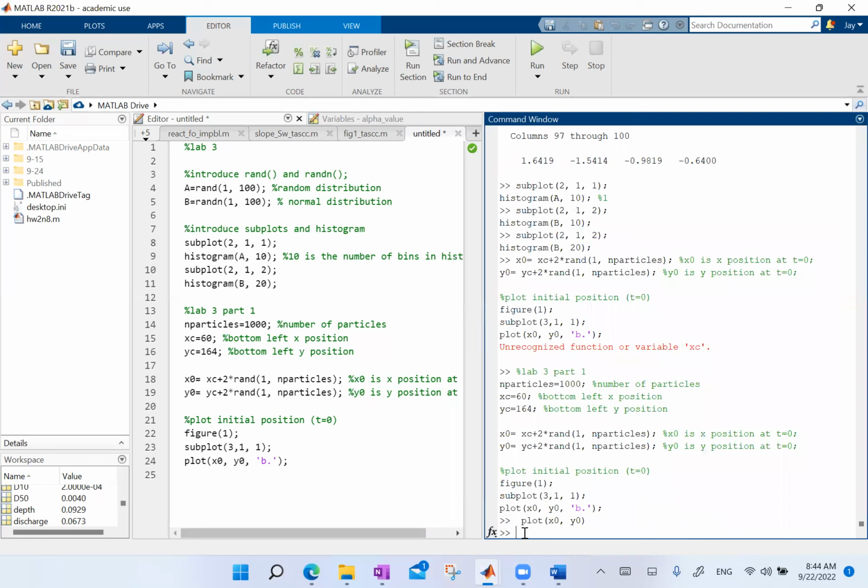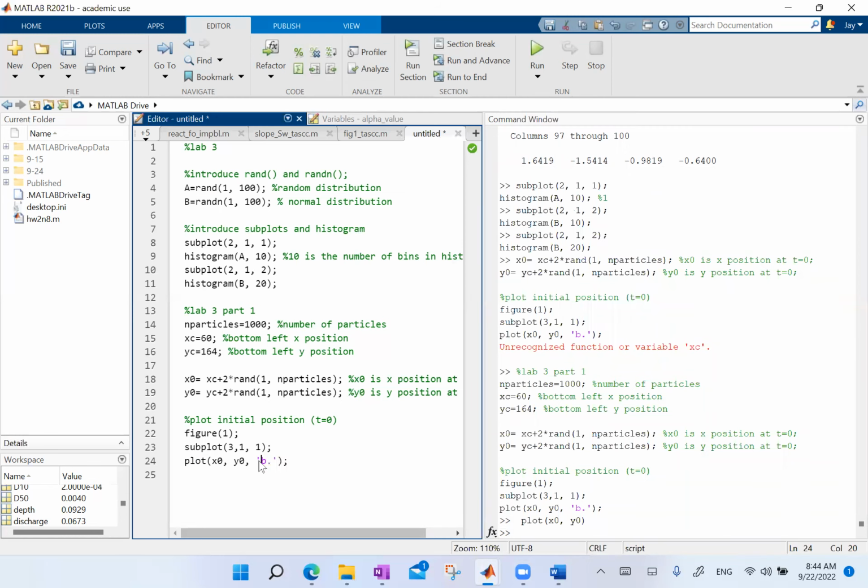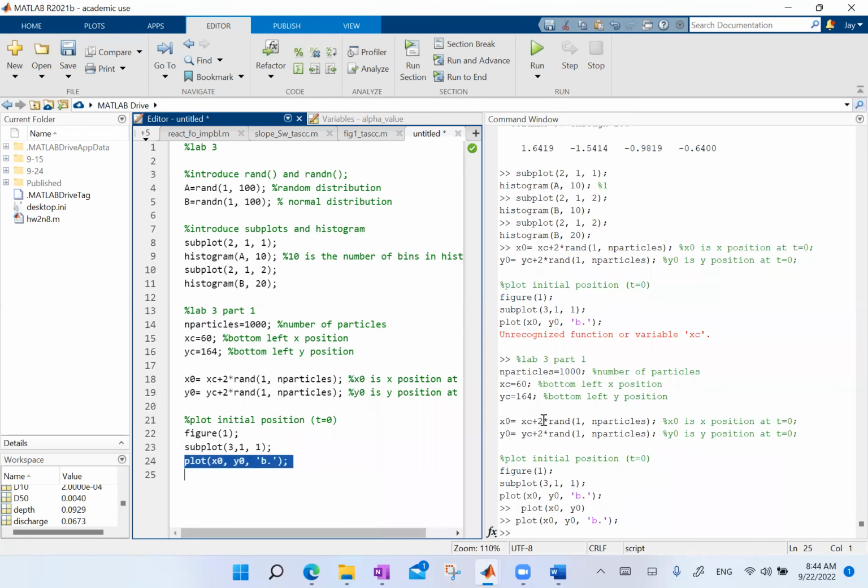So you're going to use this specific part. b dot means it's going to be black and it's going to be dots for points. I think it's black. Maybe I'm wrong. Let's evaluate this.